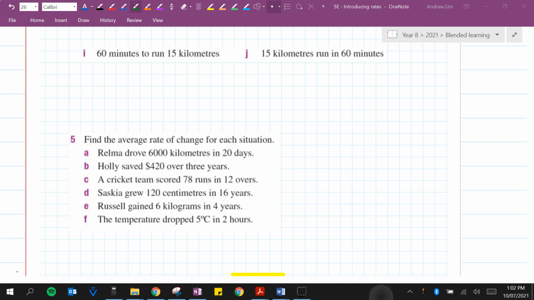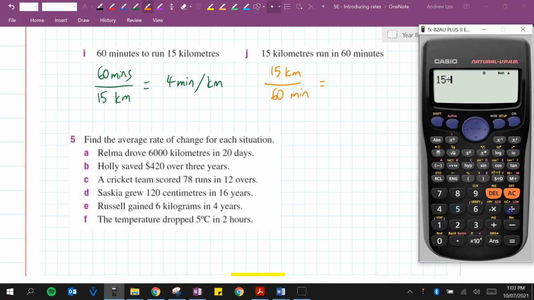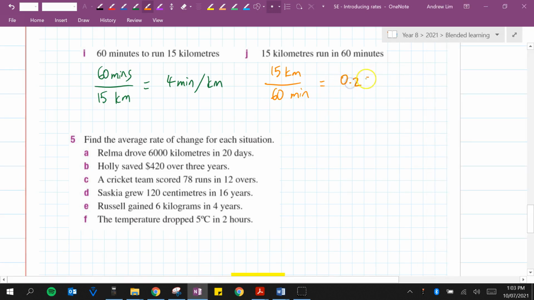Okay, question I, 60 minutes per 15 kilometers. 60 divided by 15 is 4. 4 minutes per kilometer. 15 kilometers per 60 minutes. 15 divided by 60 is 0.25. 0.25 kilometers per minute.